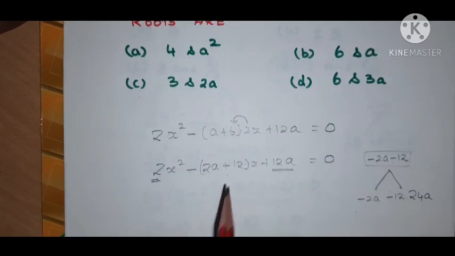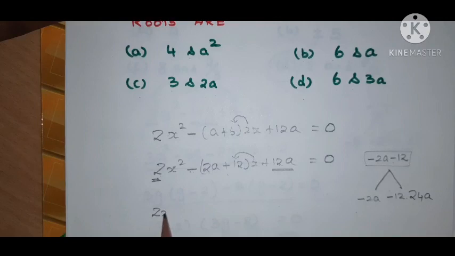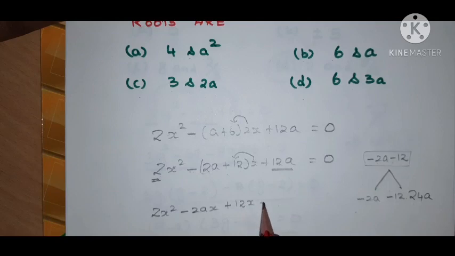Fine, good. Now I'm bringing x inside. So 2x squared minus 2ax, then minus 12x plus 12a is equal to 0. Okay, this is what we got. Now look at these two parameters, they're the same.